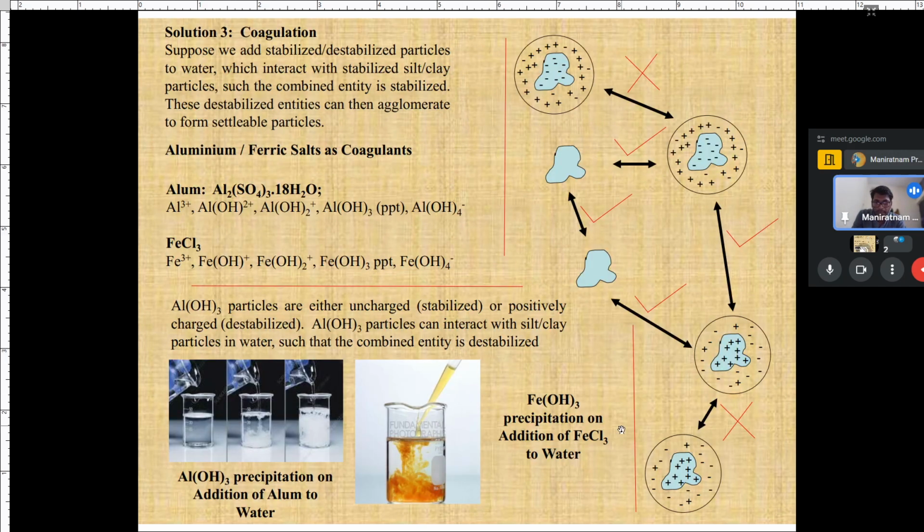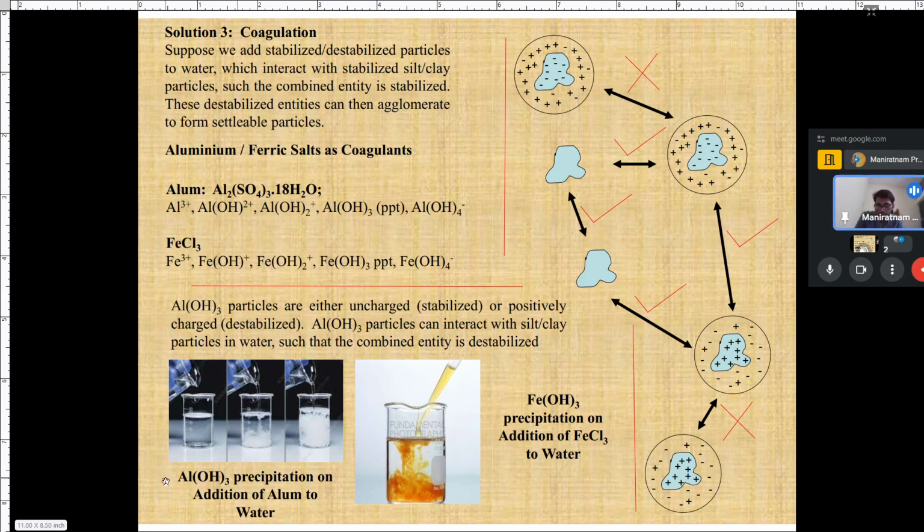See here, they have added FeCl3. When we add FeCl3, it reacts with the OH present in the system and forms Fe(OH)3 precipitate.